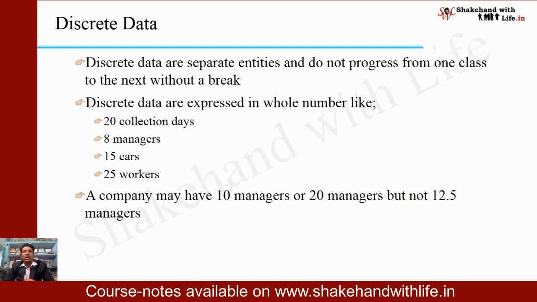Such as a company may have 10 managers or 20 managers but not 12.5 managers. So you cannot say in a discrete data that there exist 12.5, 12.6, 12.7. This can always be found in whole numbers like 12 managers, 13 managers and so on.